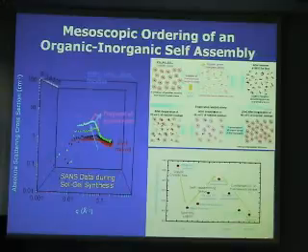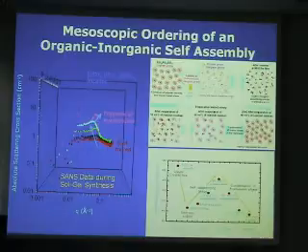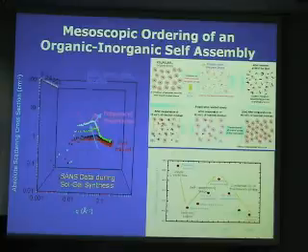Then during evaporation, the hydrophilic part of the polymer in the organic phase associates with the inorganic phase to form the organic and inorganic self-assembly.